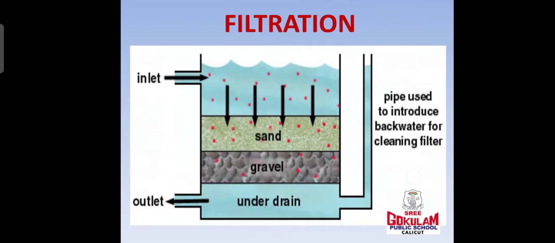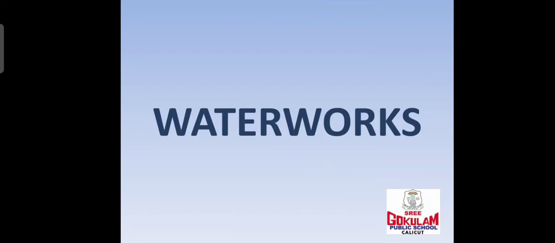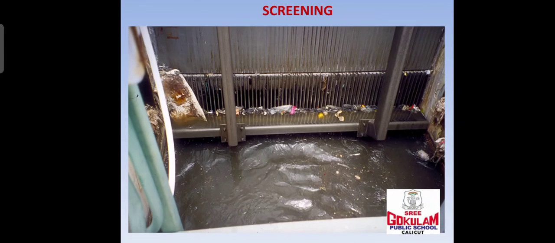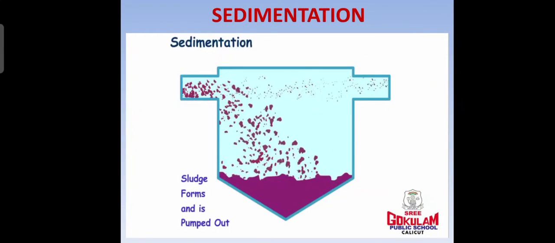Okay, children, tell me which are the methods involved in water purification. At first, screening. Screening is the process of removing the larger impurities. And second one is sedimentation. What is sedimentation? The process of removing heavier insoluble impurities from water is called sedimentation.